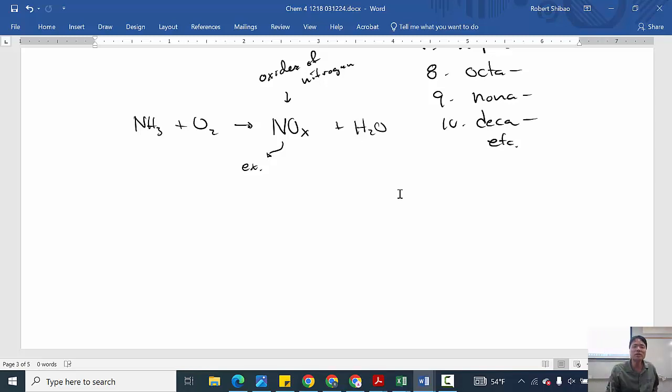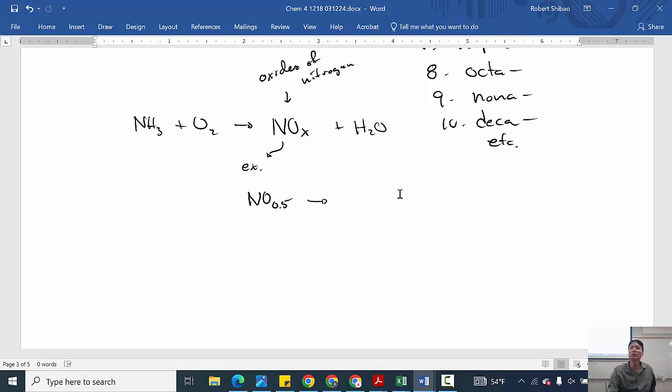So if it's weakly oxidizing, we might form NO0.5. NO0.5, is that right? Is it possible to have NO0.5? No. This is where x equals 0.5. It's not possible. This would be a violation of what?